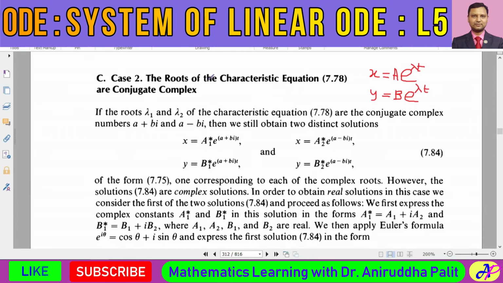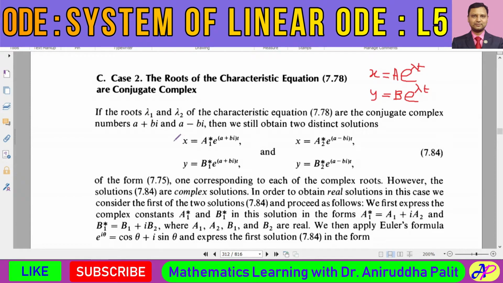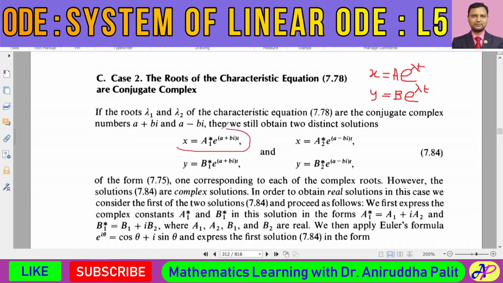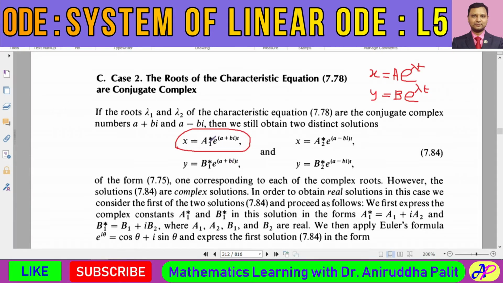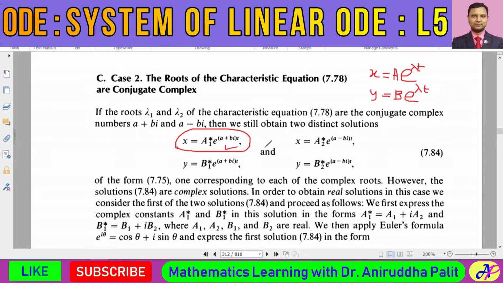Now particularly if we put lambda equal to lambda 1, that is a plus i b, then x will have the expression A1 star into e to the power of (a plus b i) t, where this is actually the value of lambda 1 multiplied by t.